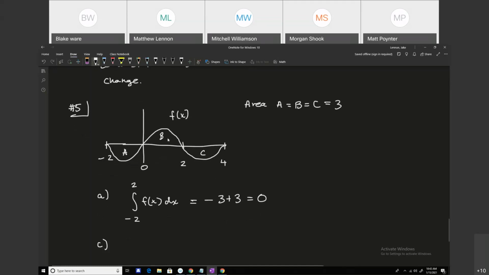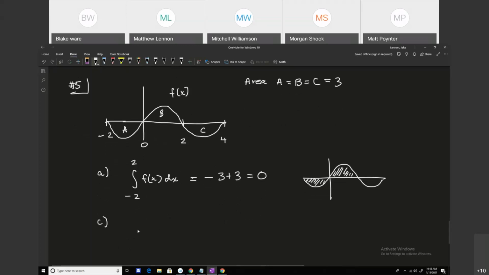They're just telling us what these areas are. We're not using any math to figure them out. Really, we're just interpreting graphs here. So for A, the picture is only shading the first couple of regions, right? So we're only doing this and this, and we're not doing anything with part C. But for B, we're doing the whole thing, -2 all the way to 4.